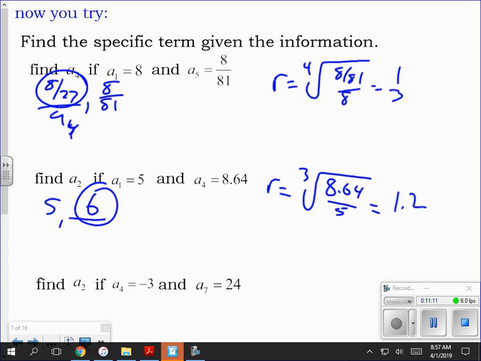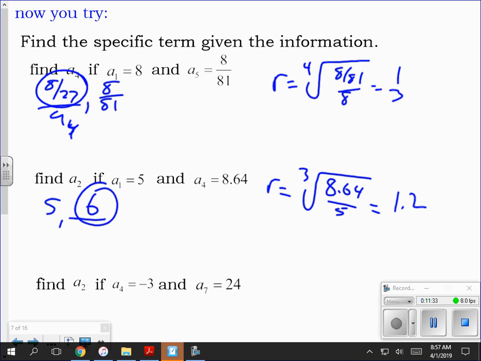Okay, so the question is, how am I typing this into my calculator? I'm going to tell you exactly how I'm typing it in. I'm doing it all in one shot because I am smart and I know how to use parentheses. You guys should as well. So here's what I'm doing. I want the cube root of 8.64 divided by 5.